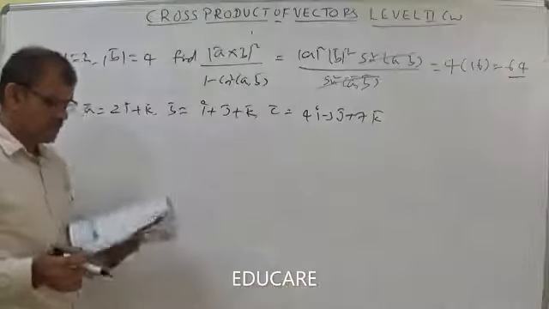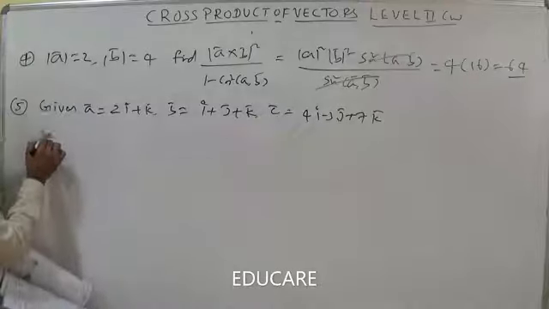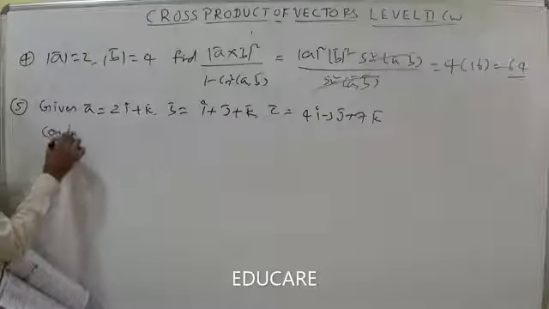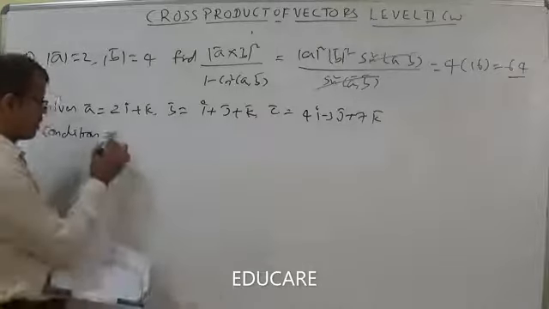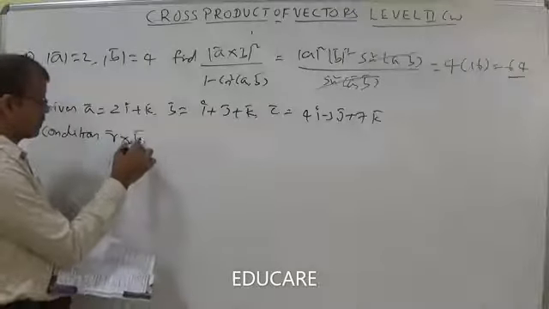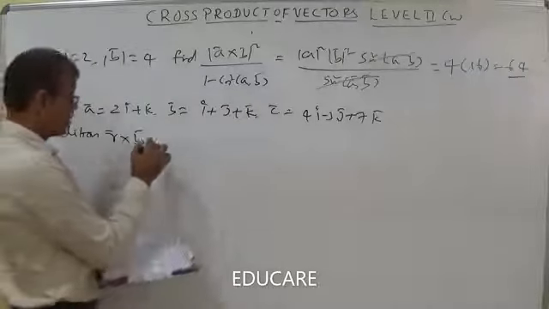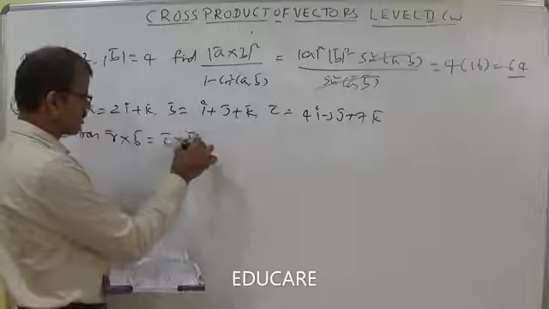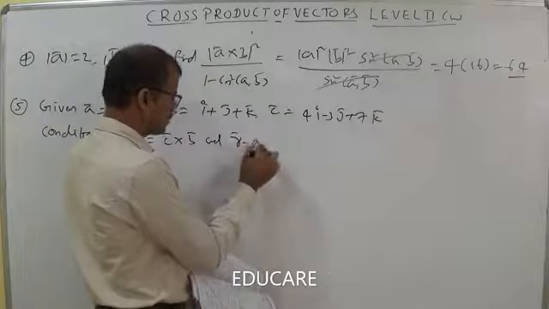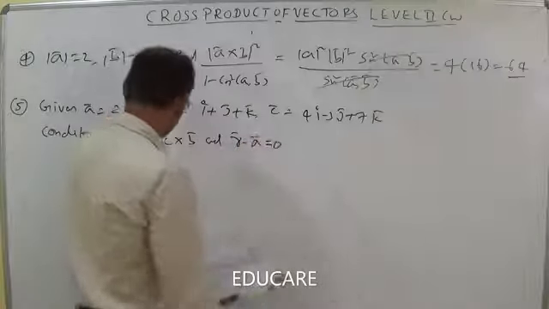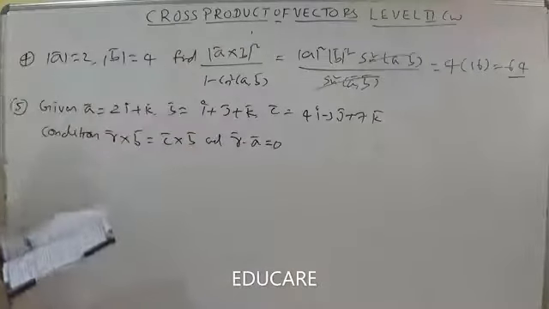Let A, B, C be three vectors, and the vector r satisfies the given condition: r bar cross b bar is equal to c bar cross b bar, and r bar dot a bar is equal to 0. This is the condition.